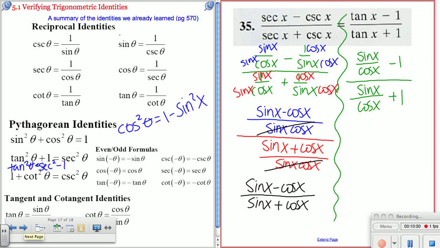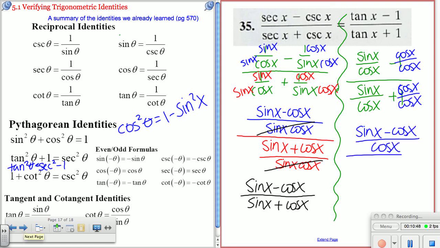If I get common denominators again, we're going to need cosine over cosine, and cosine over cosine. Now I'm going to get sine x minus cosine x all over cosine x in the numerator, and sine x plus cosine x all over cosine x in the denominator.